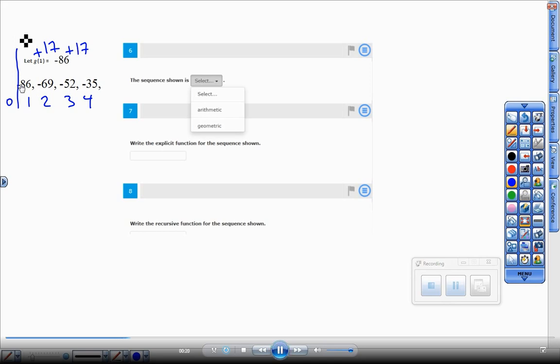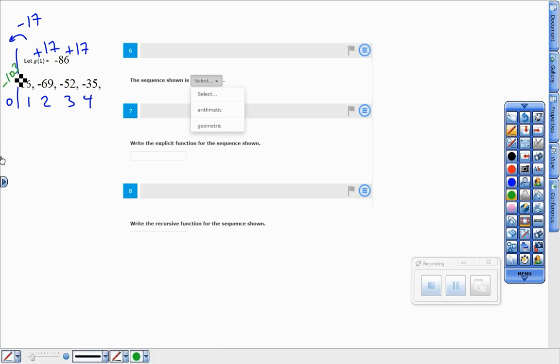If I'm backtracking to the zero term, taking away 17, so negative 86 subtracting 17 more gives me negative 103.